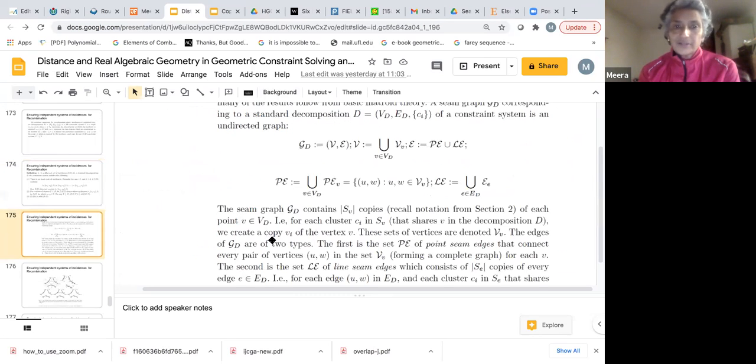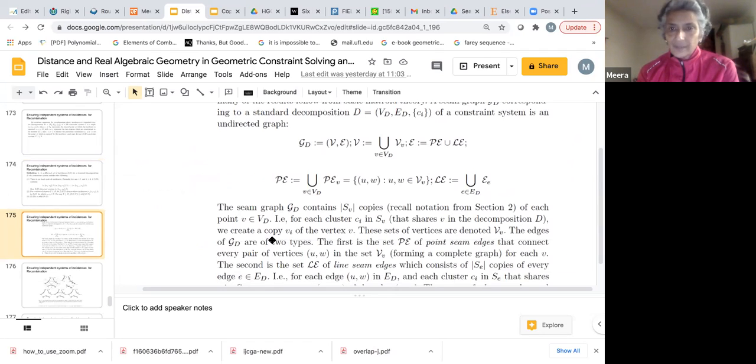Okay, so what is that matroid? So we're going to define, for a standard decomposition, an undirected graph. So here's your standard decomposition, the set of clusters, the total set of vertices, and the total set of edges.